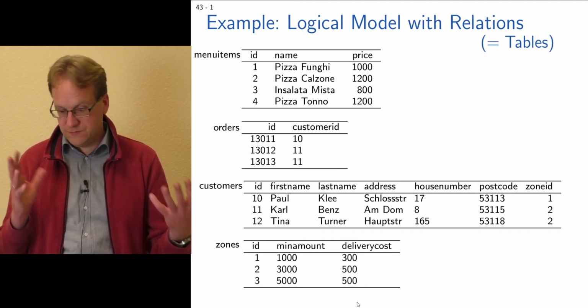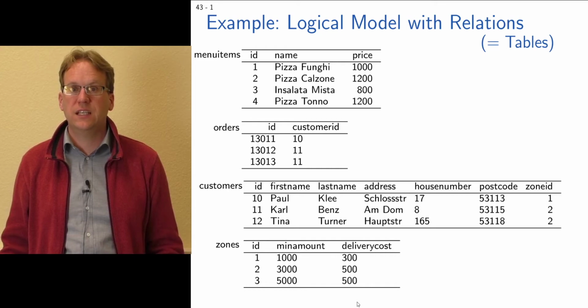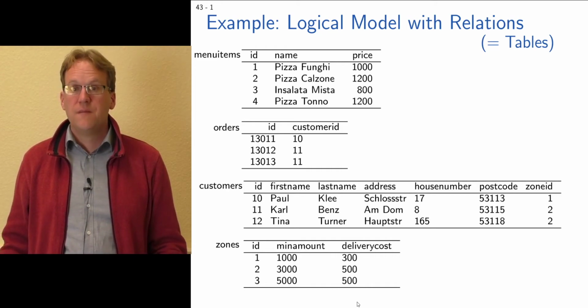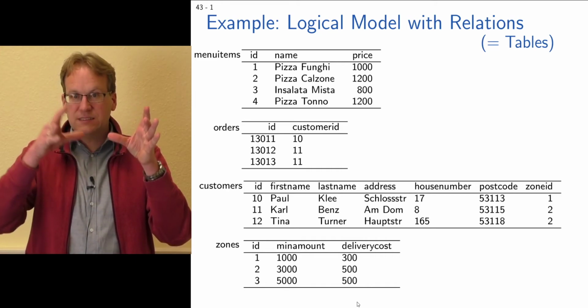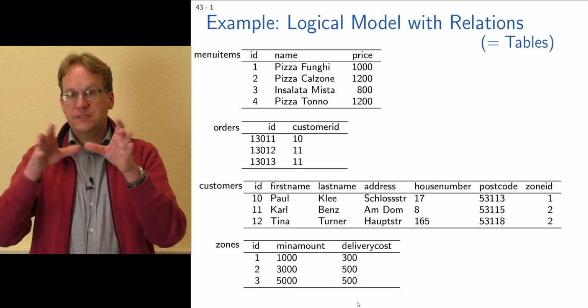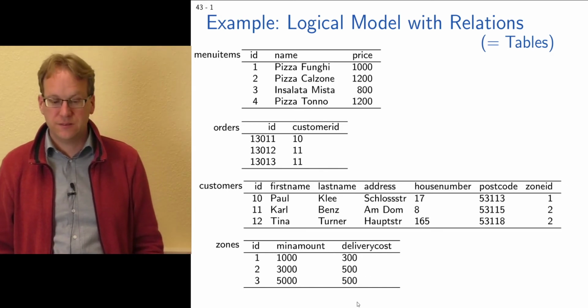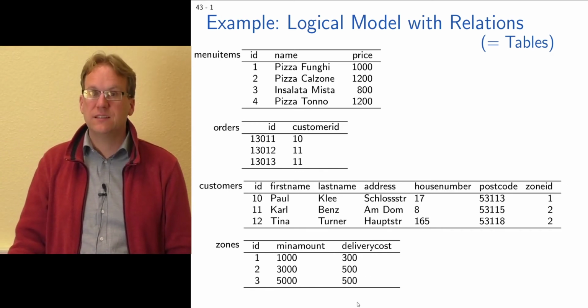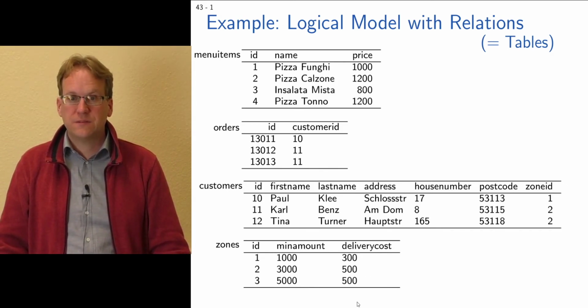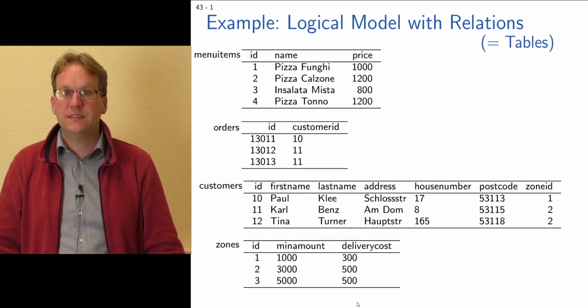So in that terminology, a relation is just the same as a table. The idea is that it relates multiple values with each other, because in one row you have multiple values. Therefore, a table in the context of relational databases is the same as a relation.